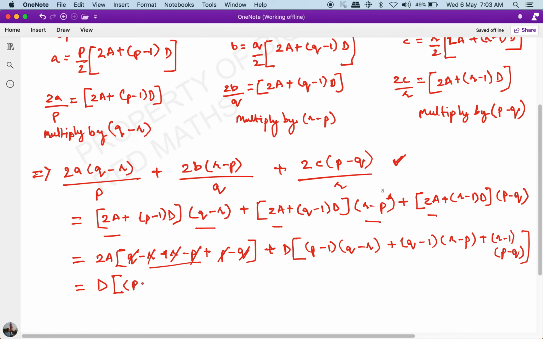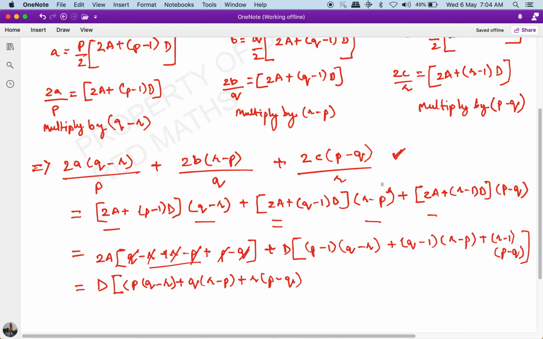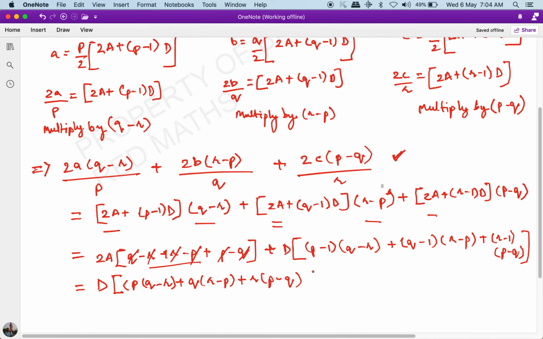So this will be P into Q minus R, this will be one term, plus Q into R minus P, this will be one term, plus R into P minus Q wala term, this will be one term, and whatever remains can be written as minus of 1 multiplied by Q minus R plus R minus P plus P minus Q. And this is what is remaining.